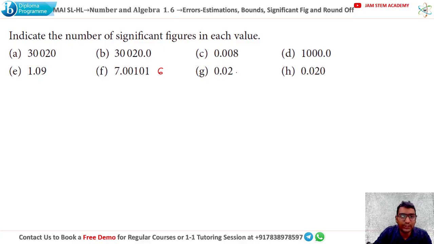So now 0.02, only one, correct? Only one. And 0.020, because of this 20, we have two significant figures. Okay, so that's the answer for this one. So let me write all the values: 4, 6, 1, 5 and answer.